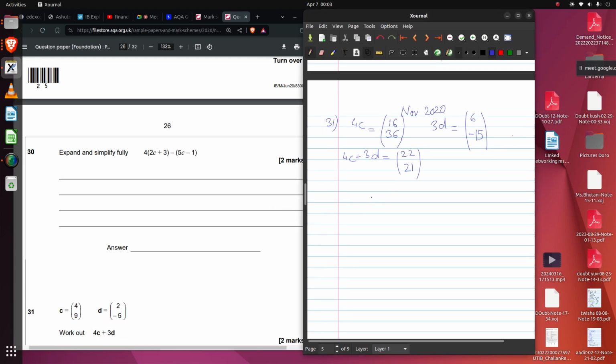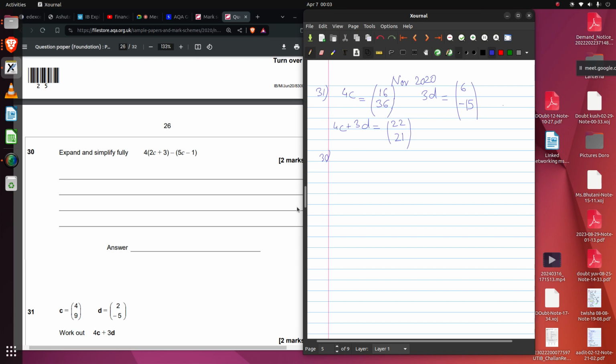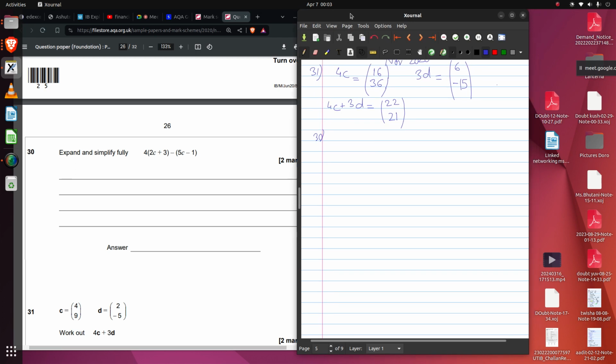Okay. How do we do this? We'll just expand the brackets first. Let's do that. Let's see, plus 12, minus 5c, after that minus 1.